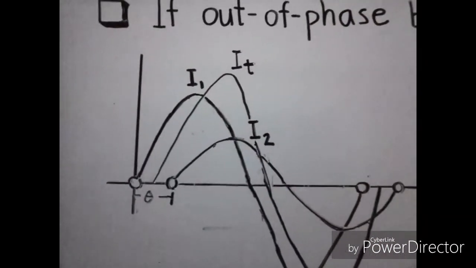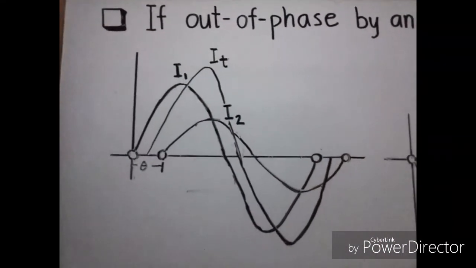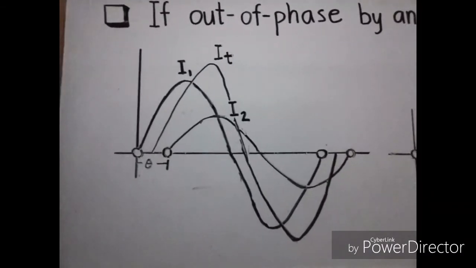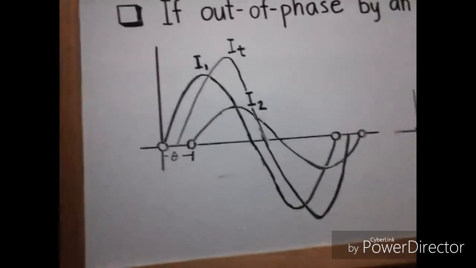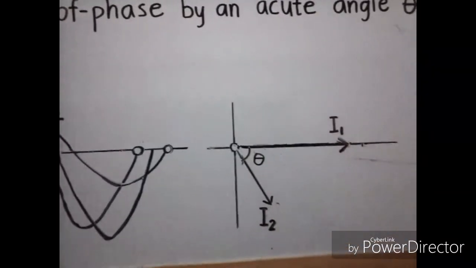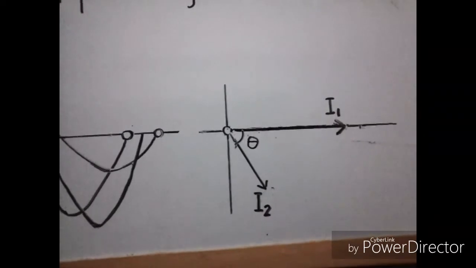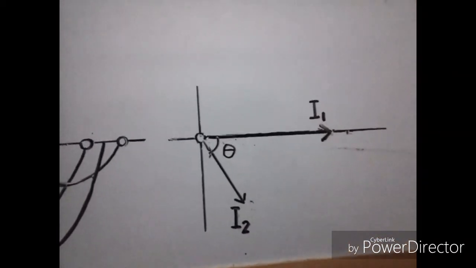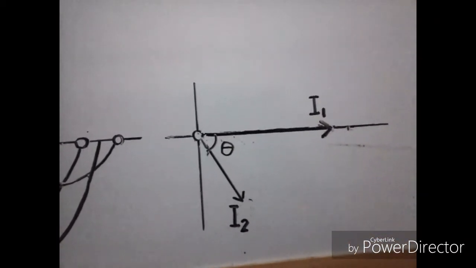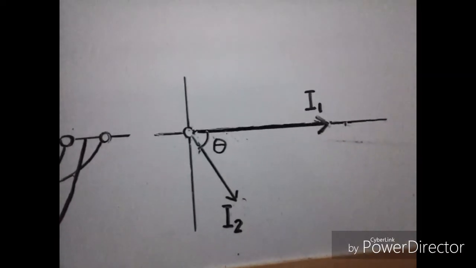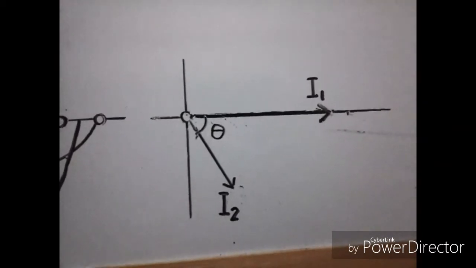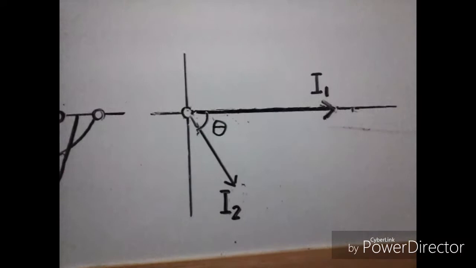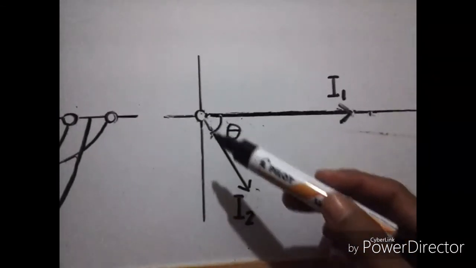When we combine them together, they will yield another sinusoid, IT, the resultant wave. In order to comprehend what happened here, let's take a look at this phasor representation of the two waves. I1, being our reference sinusoid, lies in the 0 angle position, and I2, since it lags I1 by an acute angle theta, is located right here.